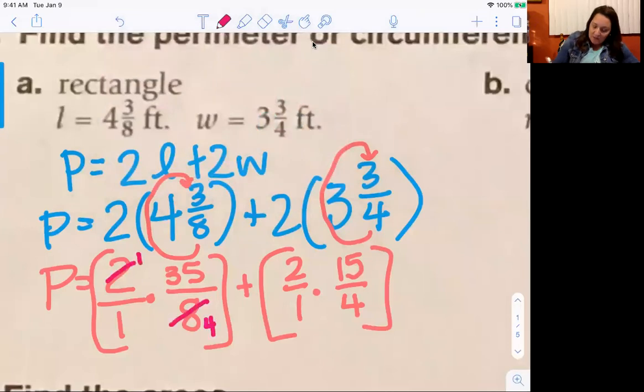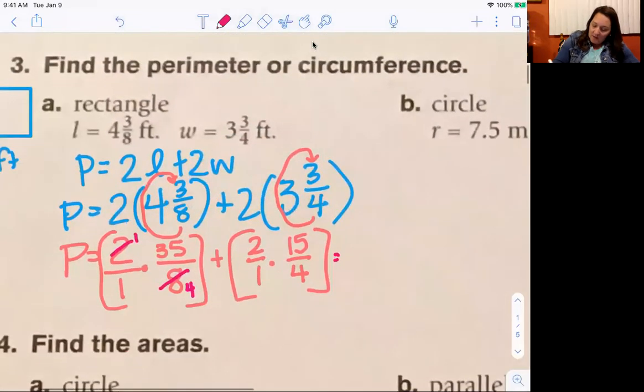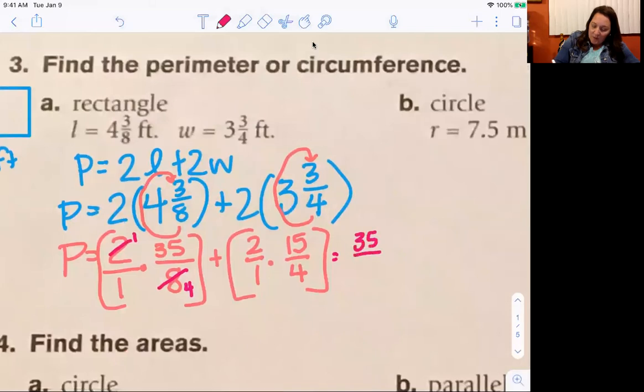So I'm left with 35 over 4 plus, you know what, to make this a little easier, I'm not going to cancel because it's going to be over 4. So 2 times 15 is 30 over 4. And I did that so I didn't have to make an equivalent fraction because it's already there. Okay, so I have 30 plus 35 over 4, which is 65 over 4.